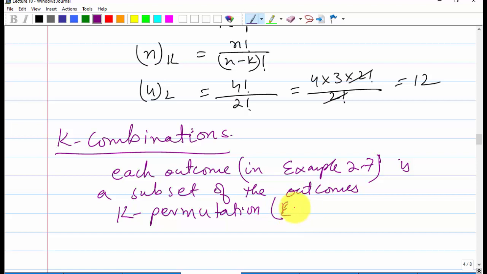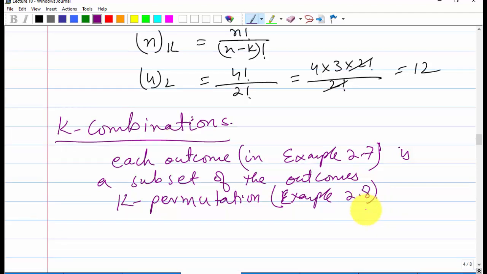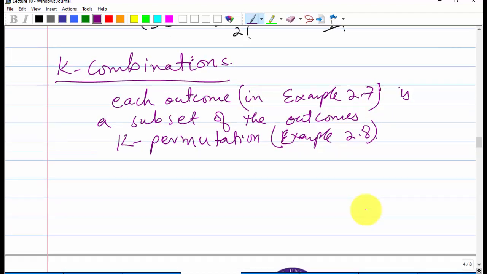So to denote these combinations, we define this as a theorem. It states Theorem 2.3.